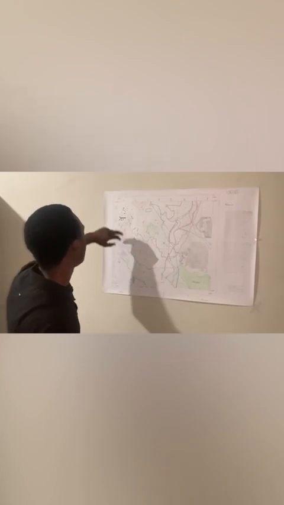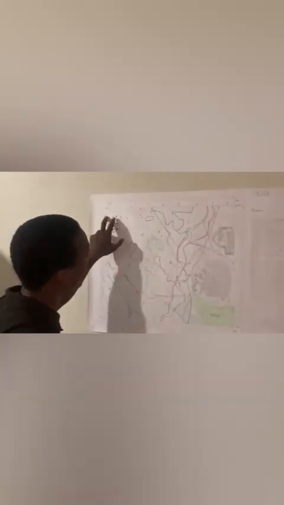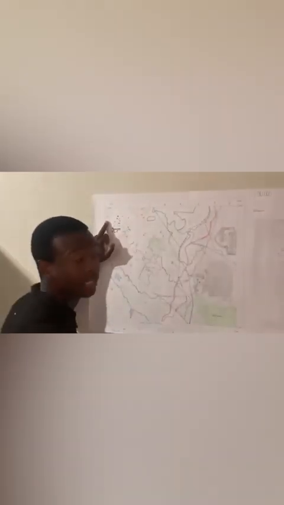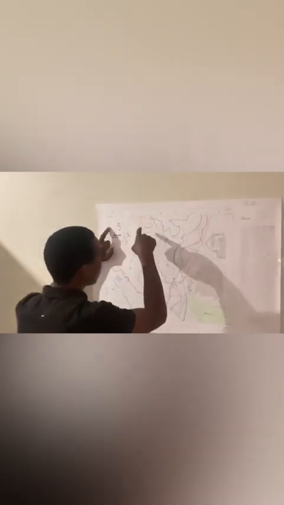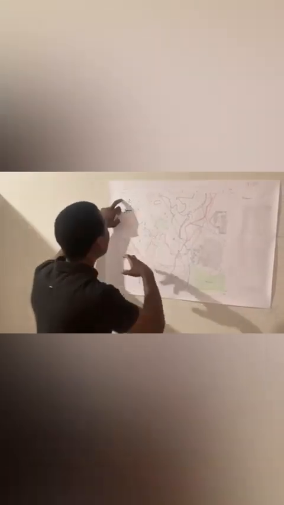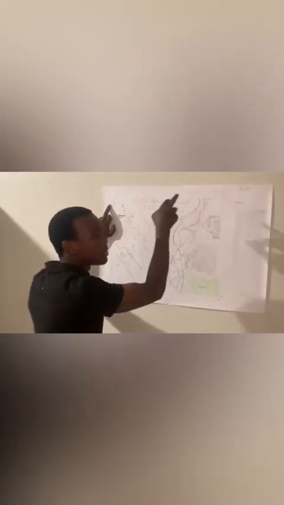So we are at block A. Is it in block A1? No. Is it in block A2? Yes. Is it in block A3? Yes. So the grid reference has to be written in the form of A2 and A3, not A2 and 3.